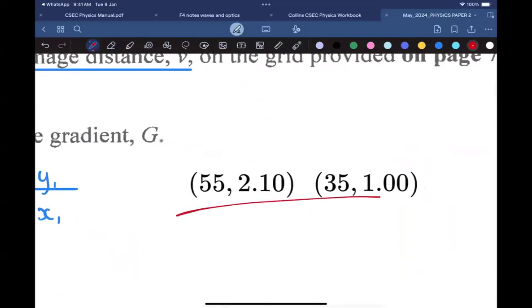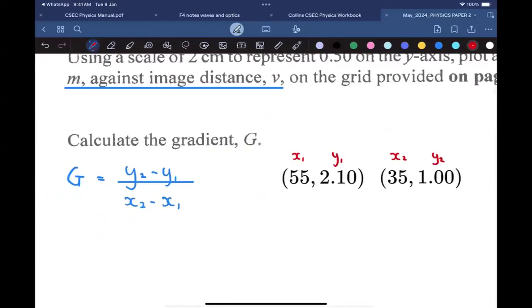Just tell me which one. This one over here? All right. If this is x1 y1, this could be x2 y2, right? So tell me what to write.